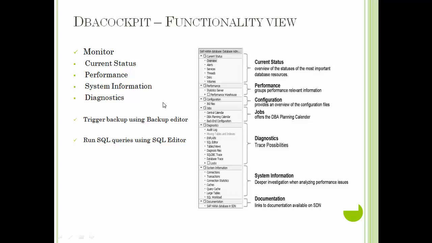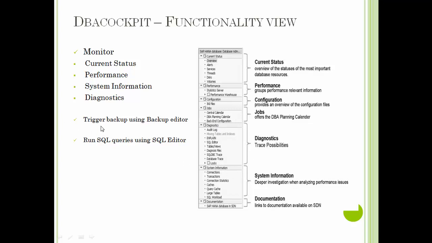So firstly, from a monitoring point of view, you can use different sections here. First is current status, performance is the second one, then configuration, jobs, diagnostics, and also system information.